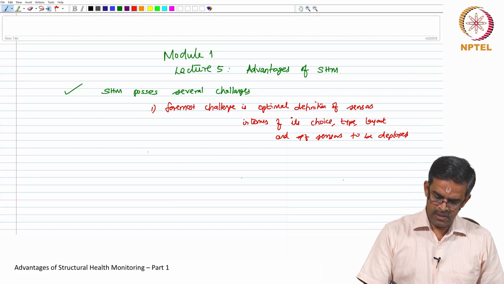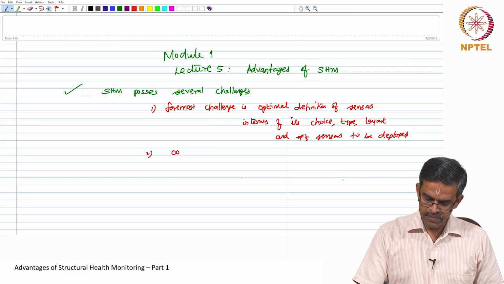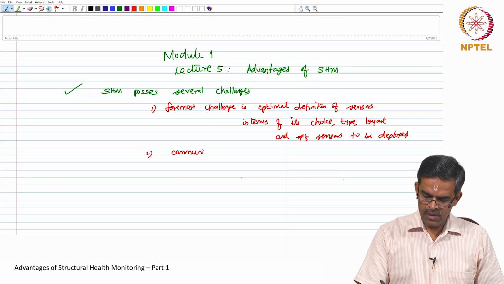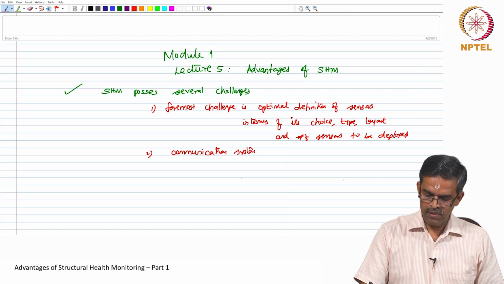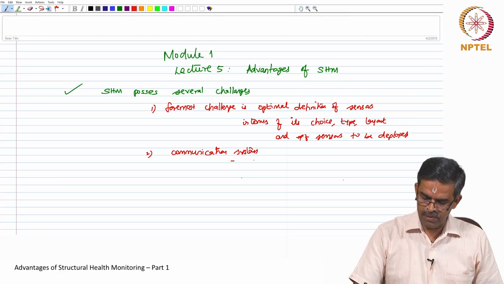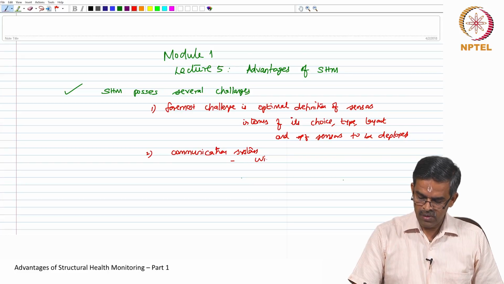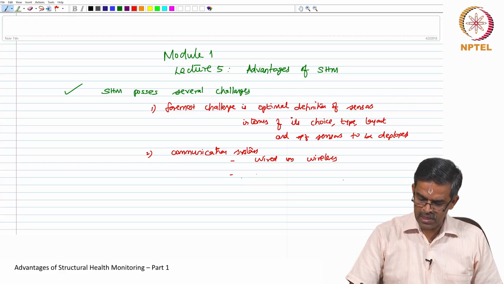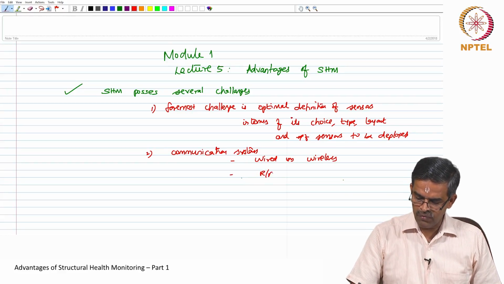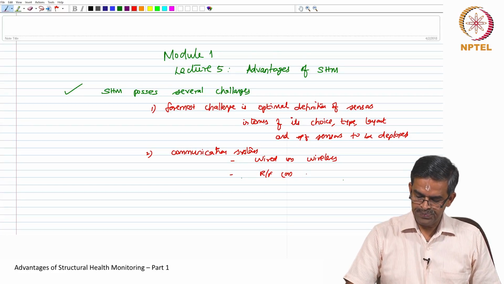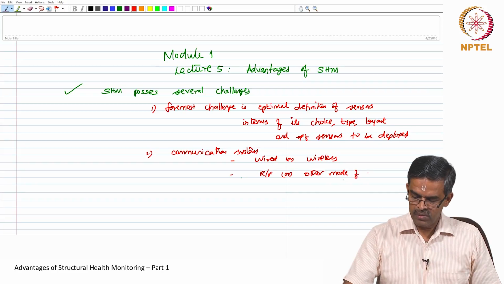The next challenge comes from the communication systems, whether these sensors will be wired or wireless and whether the communication will be through RF or other mode of transmission.